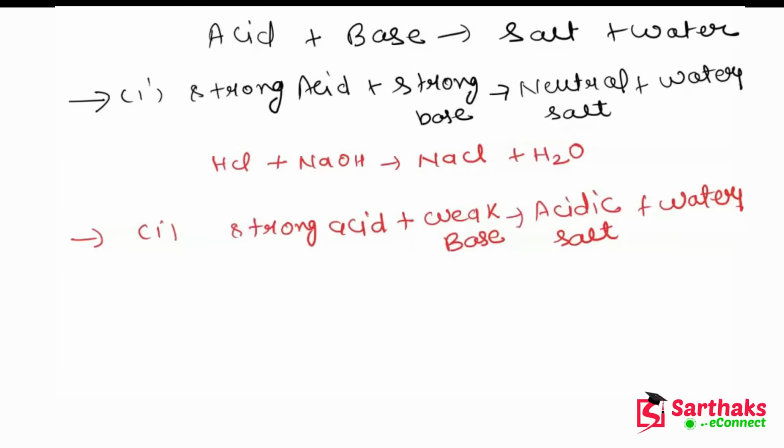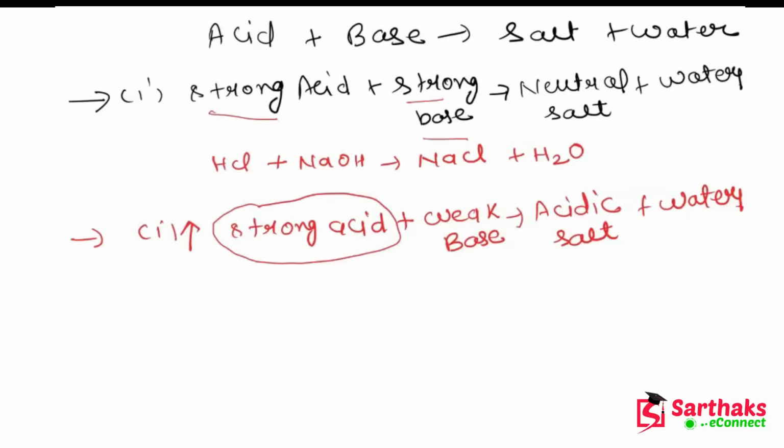So what I told you, when strong acid reacts with strong base, then neutral salt is formed. But when strong acid reacts with weak base, because this acid is strong here and base is weak, that's why the produced salt will be acidic salt. It would be acidic in nature, because you can see that acid is stronger here.